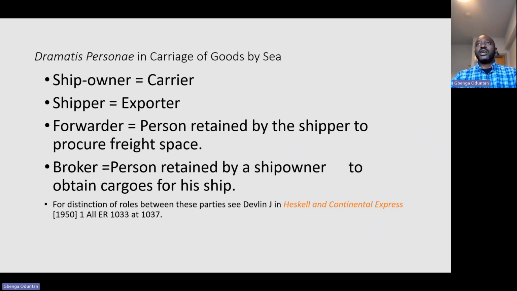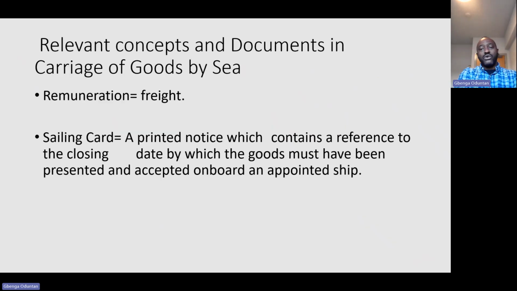So ship owners also retain a professional to do that business for them. And that professional is known as the broker. So the broker is the person retained by a ship owner to obtain cargoes for his ship.